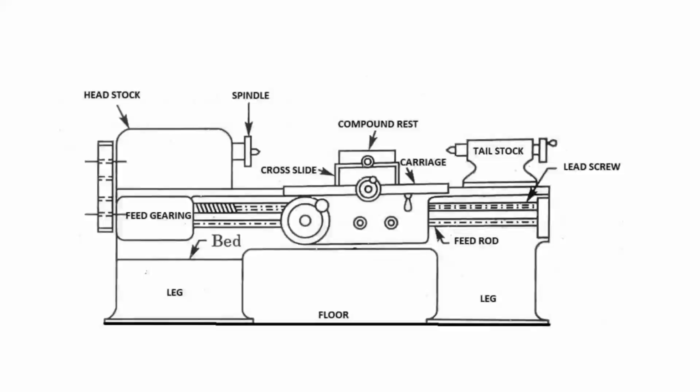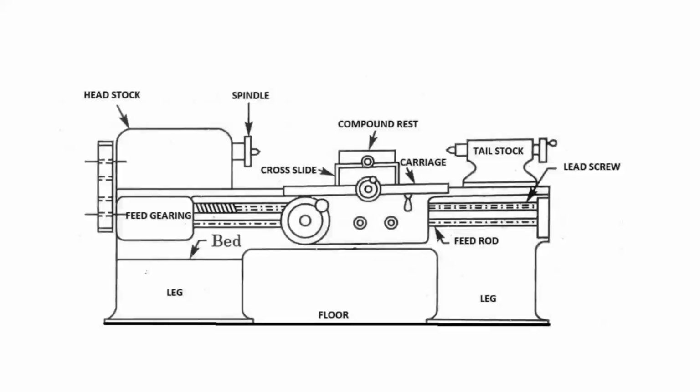So first is to prevent deflection under cutting pressure transmitted through the tool post and carriage. The bed should be sufficiently rigid. It must prevent deflection while cutting. So this is the first condition which must be satisfied by the bed while machining operation.